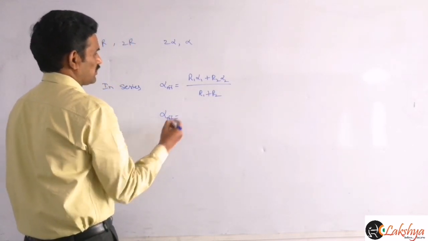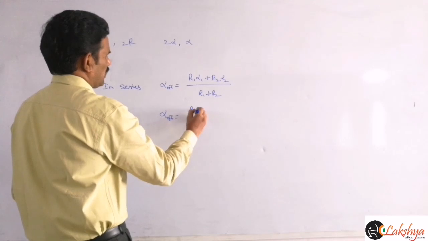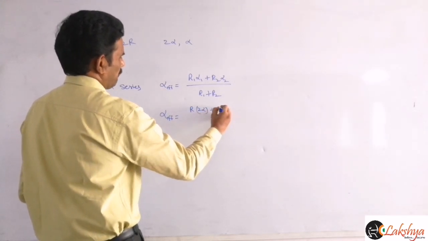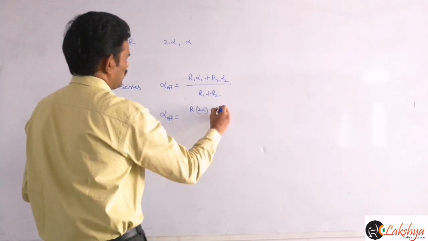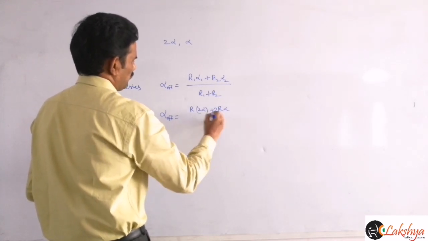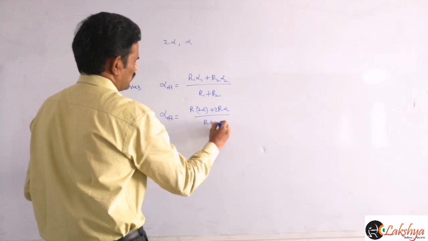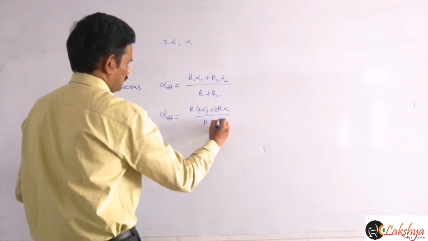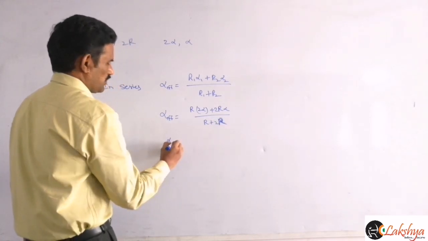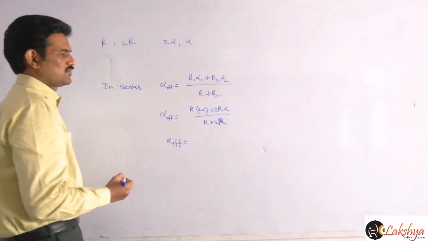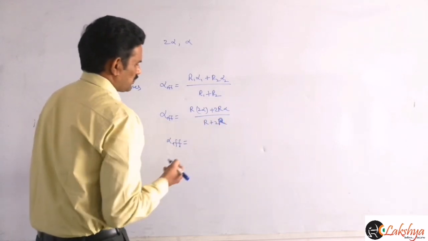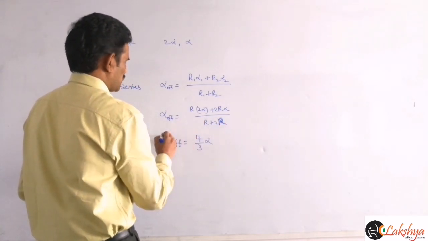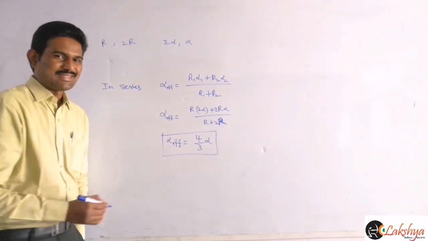Therefore alpha effective will be equal to R into 2 alpha plus 2R into alpha by R plus 2R. Then R you can cancel here, so I can write this as 4 by 3 alpha. So that is alpha effective when they are joined in series.